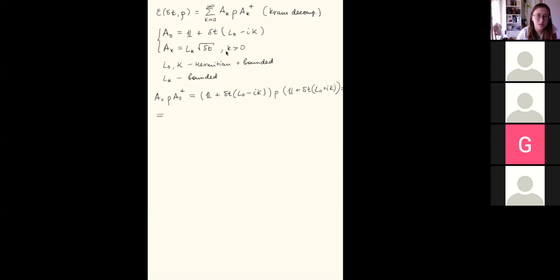Here again, as in the previous consideration, we are only interested in the terms which are of first order in delta t. Everything that is of second order and higher, we just throw away.